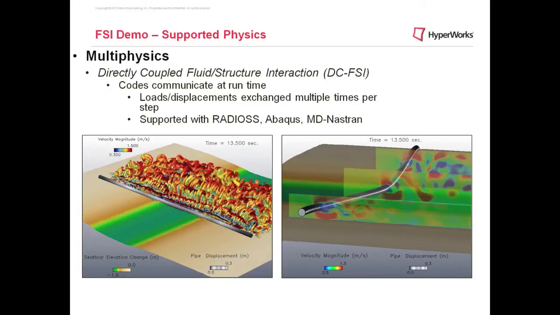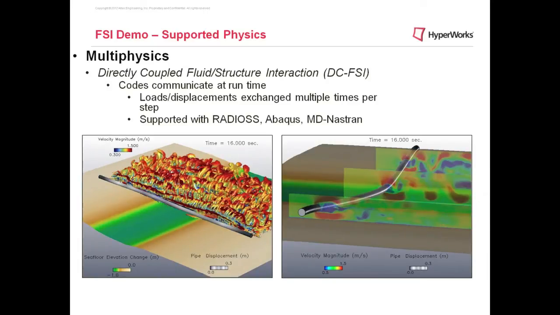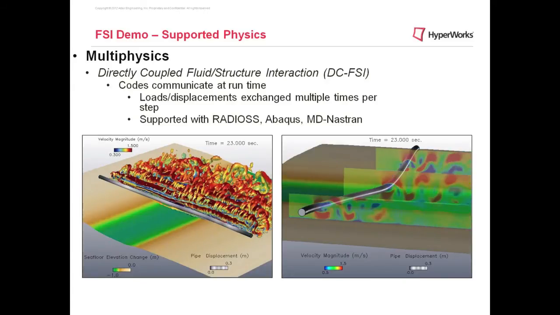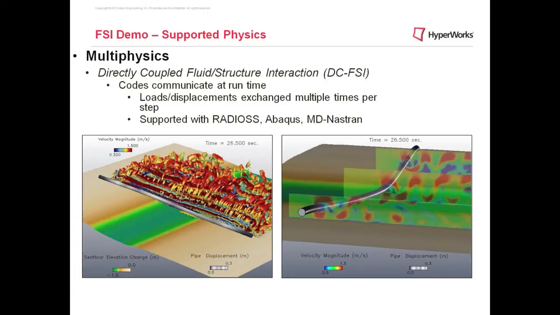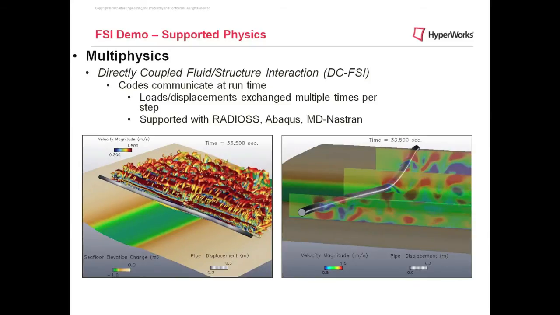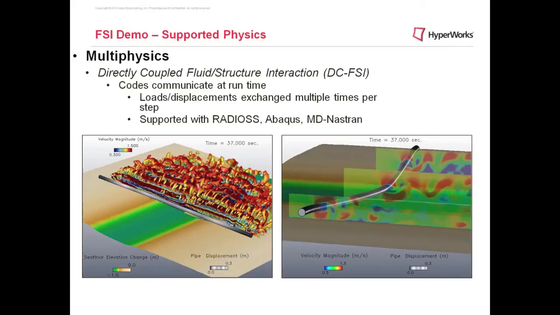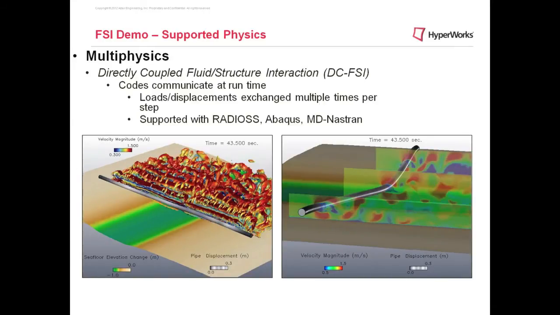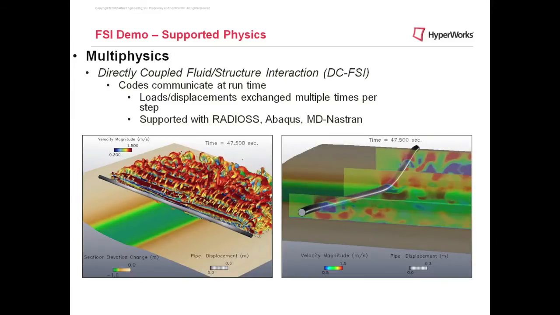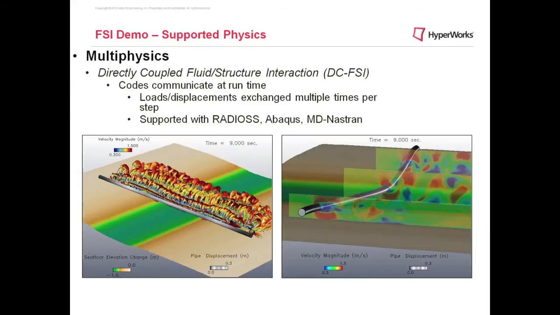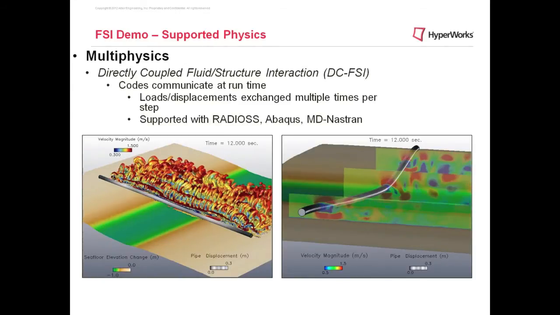AcuSolve computes the loads on the structure and passes that loading information to Radios. Radios then performs its part of the computation, computes the displacement, and passes those displacements back to AcuSolve. AcuSolve then displaces the mesh and performs another calculation of the response of the flow to that motion of the mesh. And the two codes communicate in that fashion throughout the duration of the simulation.